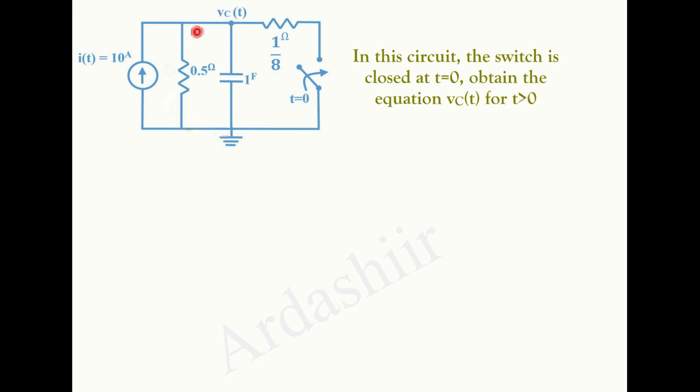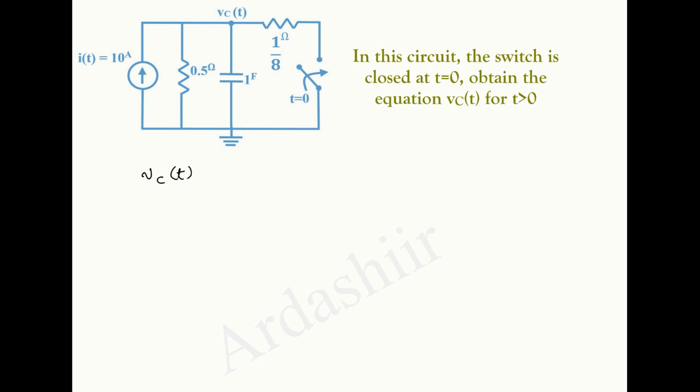Okay, as you can see in this figure, this circuit is a first order circuit because it includes just the capacitor and resistors. In first order circuits, we know the capacitor voltage equation is as follows for after t equals 0.